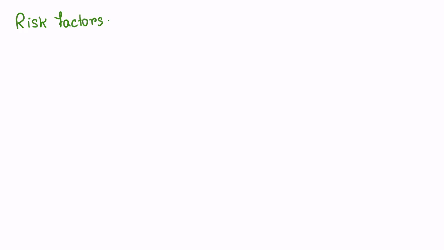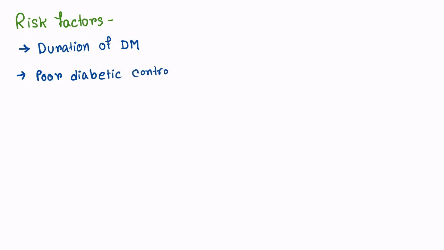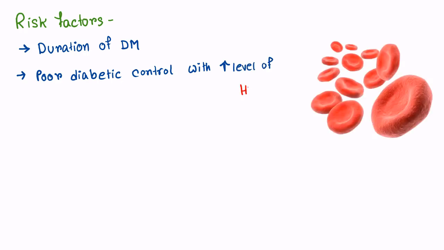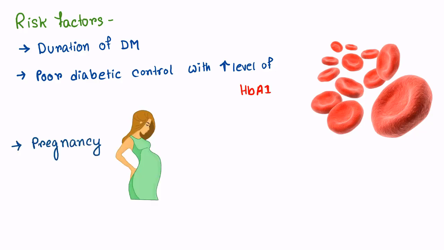Now coming to the risk factors of diabetic retinopathy. Number 1, duration of diabetes is directly proportional to the risk of DR. Number 2, poor diabetic control with increased levels of HbA1c. Number 3, pregnancy associated with acceleration of diabetic retinopathy changes.